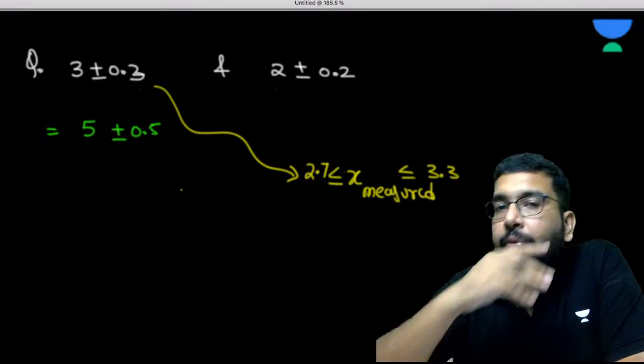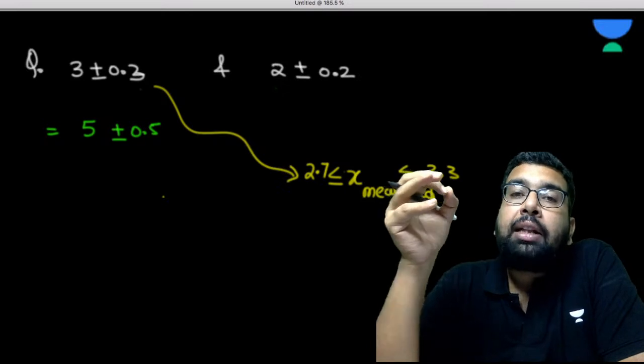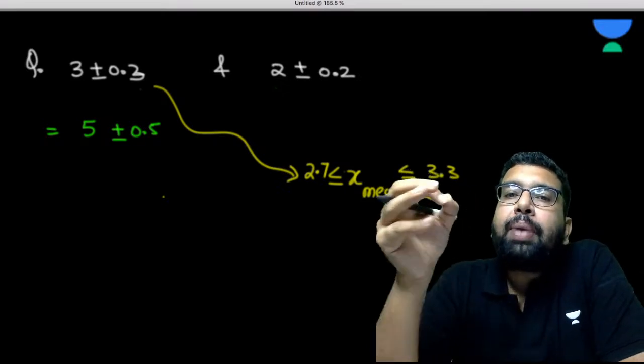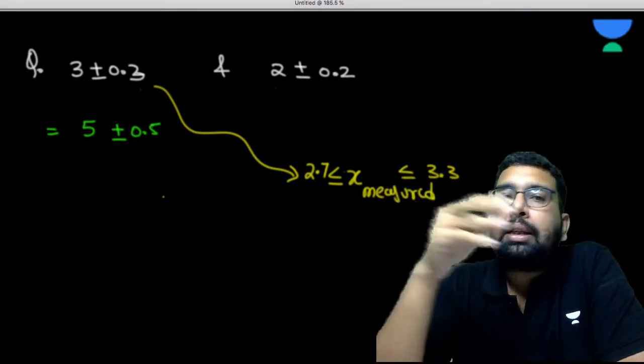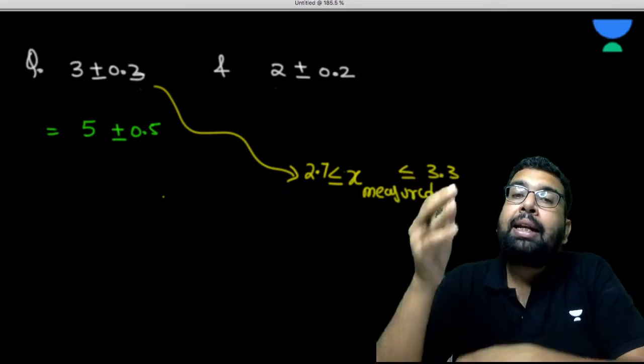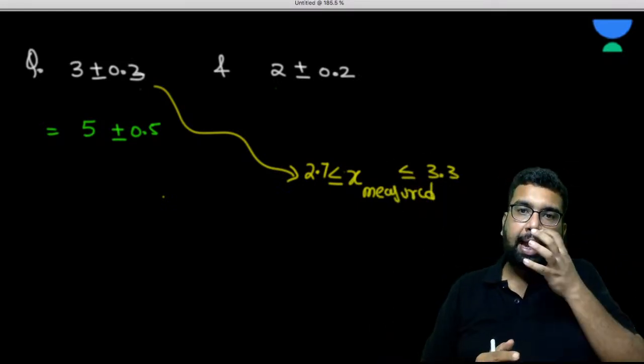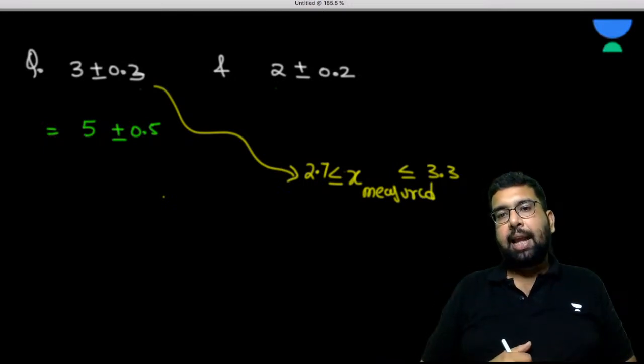When I write that the quantity is 3 plus minus 0.3, it means that in a measurement it can be 2.7, it can be 3.3.